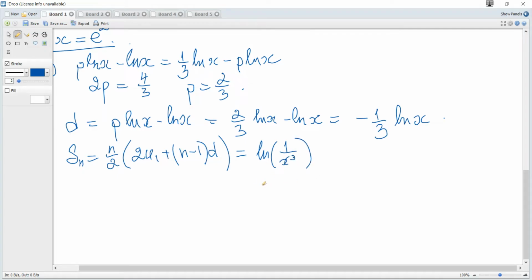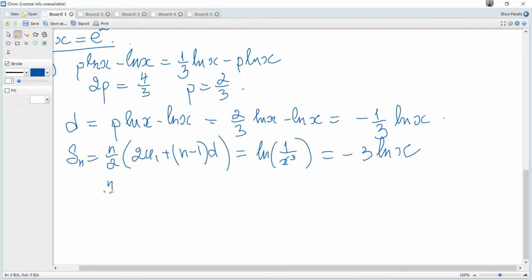The right hand side is ln of x to the power -3, and we know the property that it's -3 ln x. This formula is given in the data booklet.